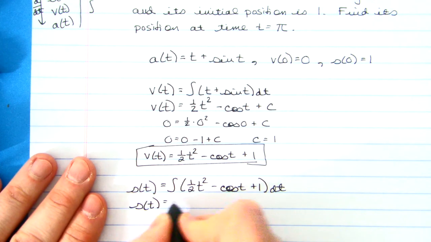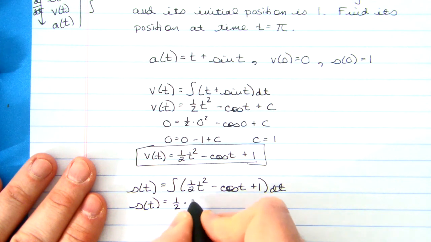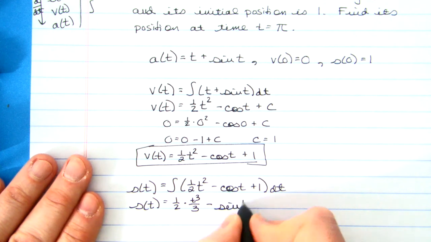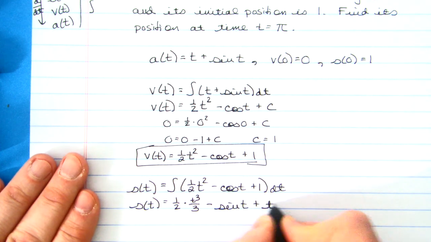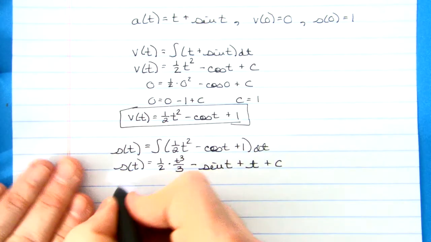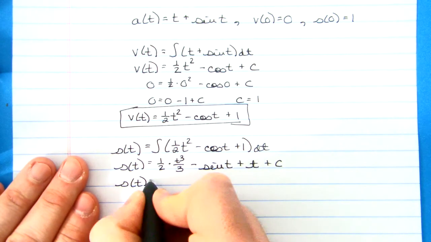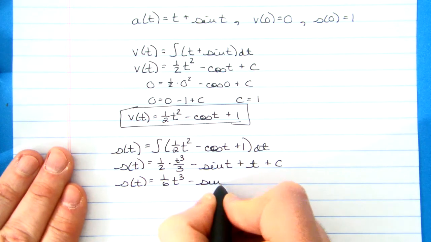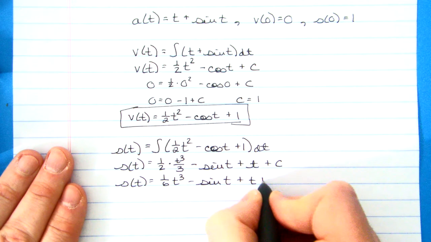S of t equals, I've got a 1/2 up front. Integral of t squared is t cubed over 3. Integral of cosine t is sine t, so minus sine t plus a constant. Might as well clean it up. S of t equals 1/6 t cubed minus sine t plus c.